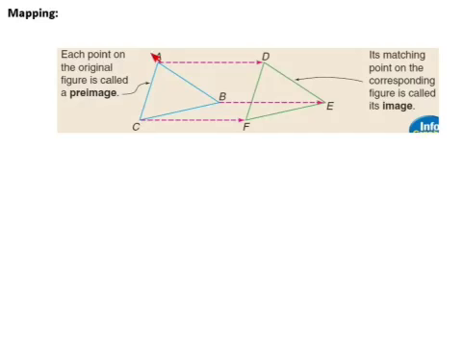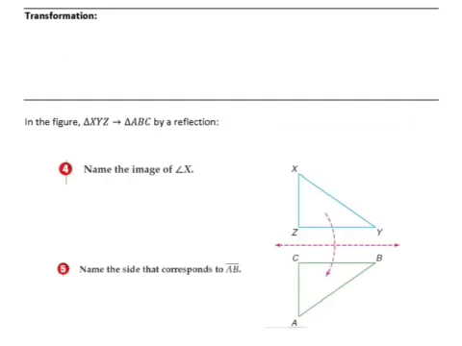And basically, when we connect the points of our pre-image and connect the points of our image, we've now described a one-to-one correspondence. So this diagram is what we would use to describe a mapping. Another term we use in geometry when talking about geometry in motion is a transformation.